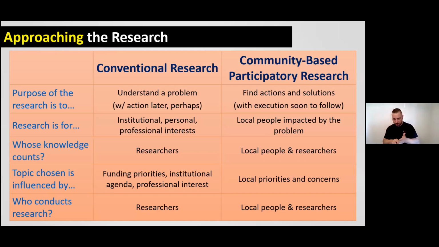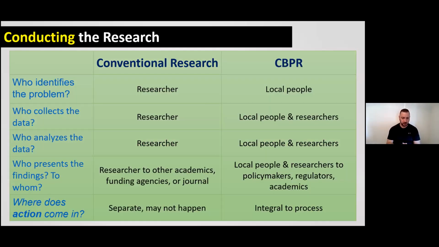Traditional research is done by researchers at government agencies and academic institutions. But in community-based participatory research, it's local people and researchers. We do it together. There's co-creation. So again, who identifies the problem? In traditional research, the researcher, because we're supposedly the experts on everything. In community-based research, it's local people and researchers, but really local people, okay?